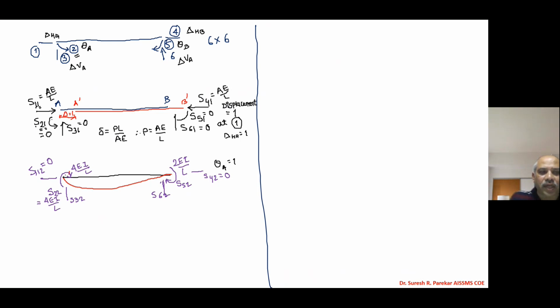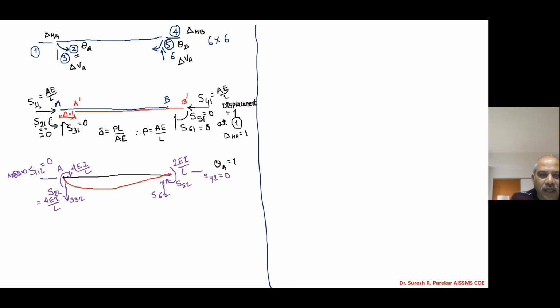Now what will be the reaction? Now you can see if I take moment about B, sorry, we have to find S32. So if I take moment about B, then I will get 4EI plus 2EI, 6EI by L clockwise. So what reaction will be developed?